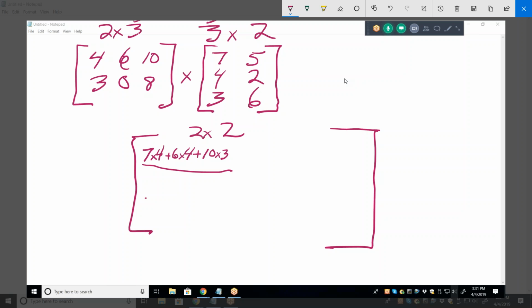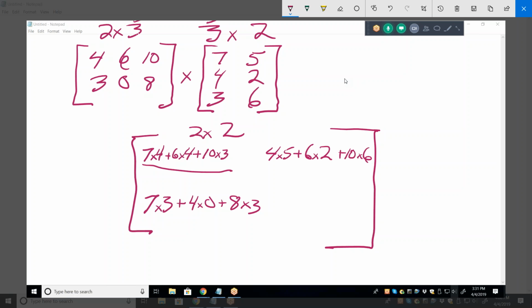So that is 3 times 7 plus 0 times 4, or 0, plus 8 times 3. Okay, now what? Now we're going to multiply the first row of the first matrix times the second column of the second matrix. So 4 times 5 plus 6 times 2 plus 10 times 6.